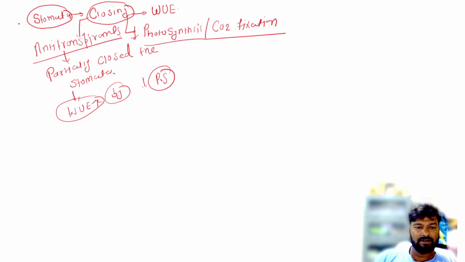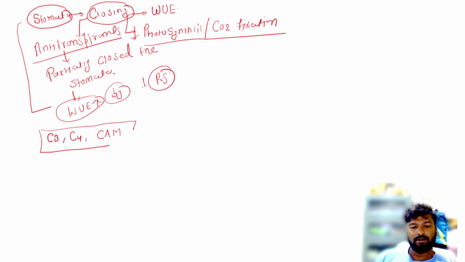other than this, there are three types of plants which are the C3, C4 and CAM plants. Okay, so you know that CAM plants have photoactive stomata.